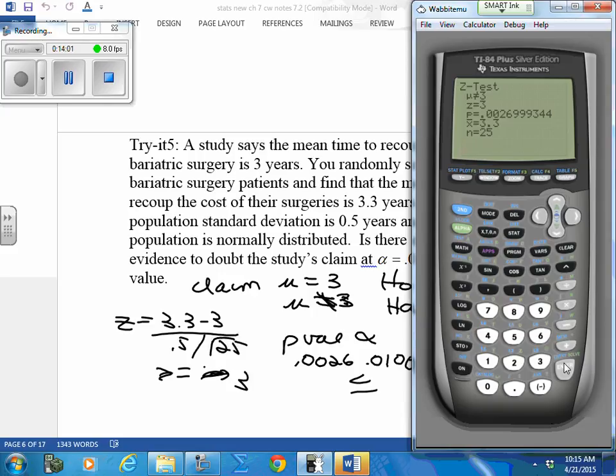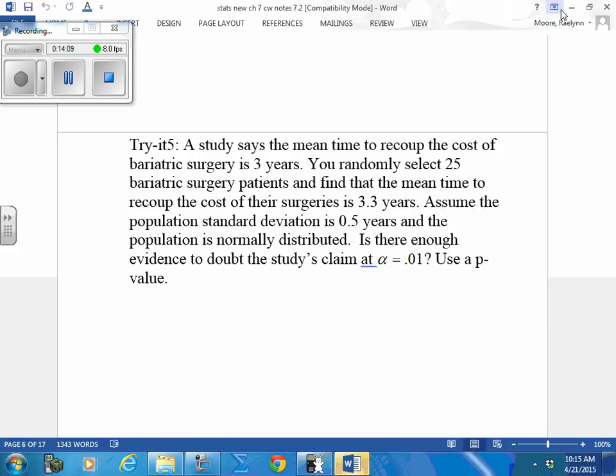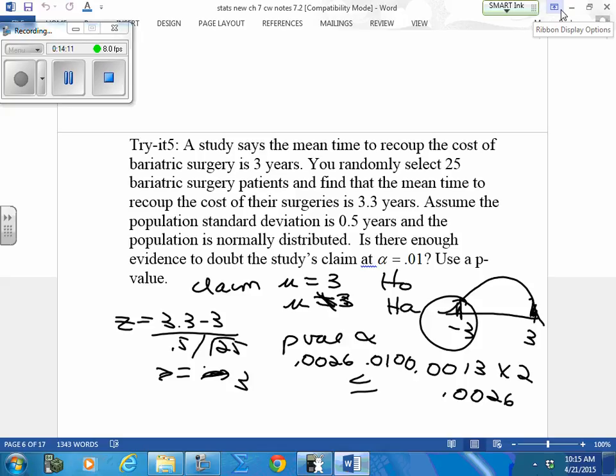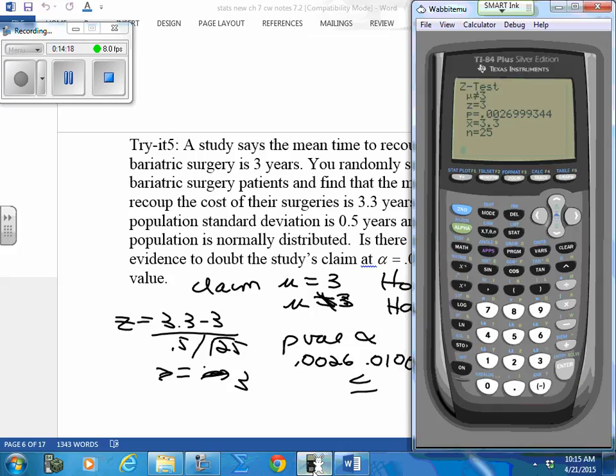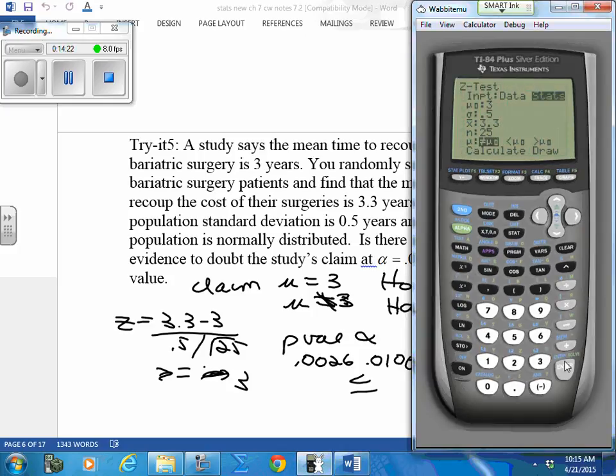How did you know that, like, does the U not equal 3 follow the HA? Well, U not equal to 3 is the HA. That's where we got your two-tail test from. I mean, on the calculator. On the calculator, that's this one right there, the not equal to.